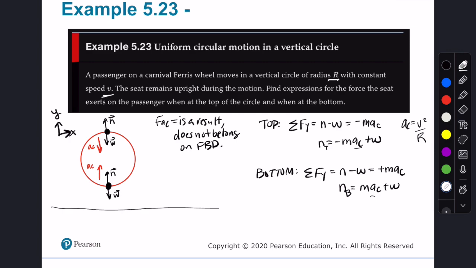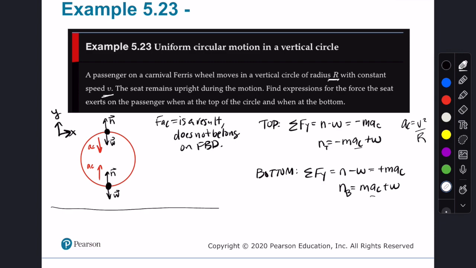So that wraps up the last example that we're going to do in this chapter. And to summarize, we basically took a lot of different situations and applied Newton's laws to them. Okay, so we looked at sliding on an inclined surface with and without friction.